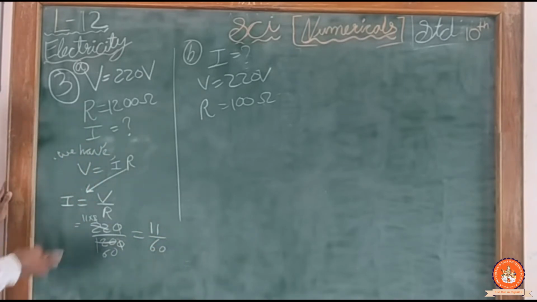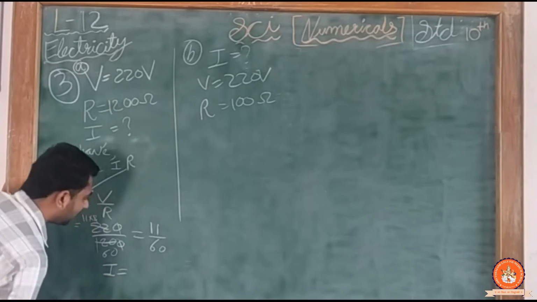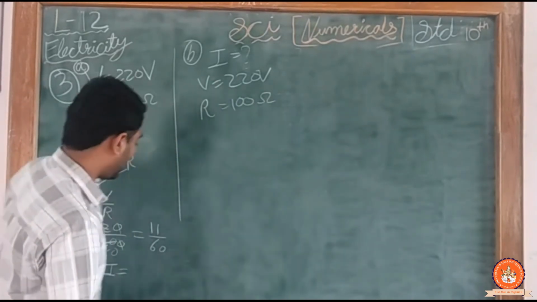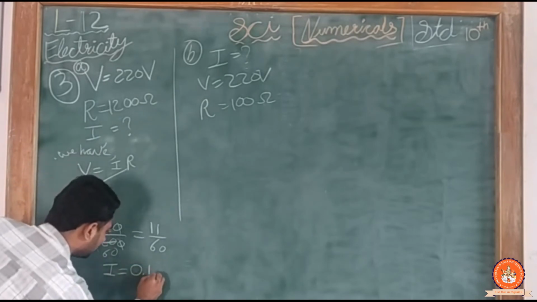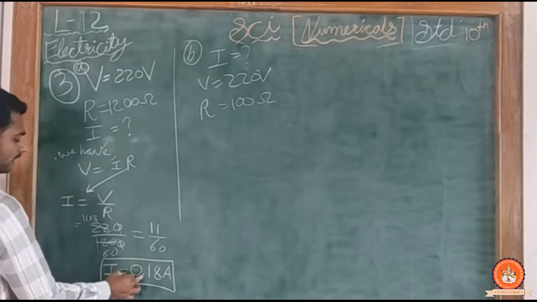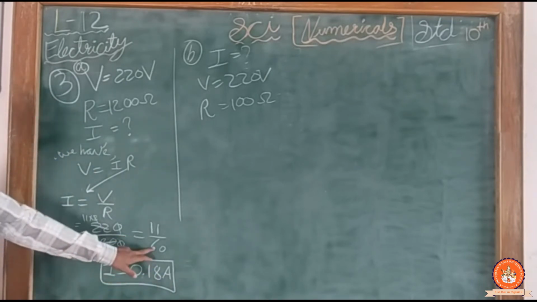After calculating this, you know how to divide the number. So I is equal to around 0.18 ampere. How much? 0.18 ampere you will get after calculating this term.